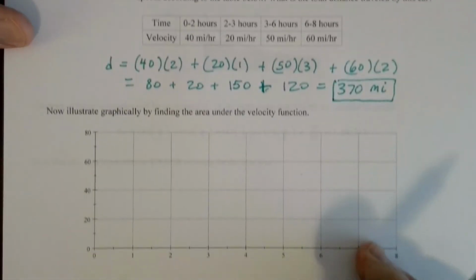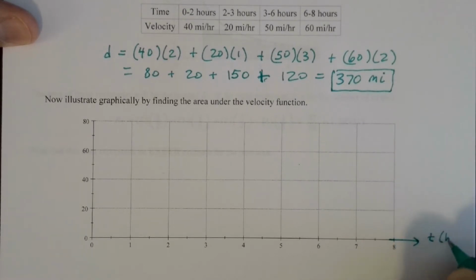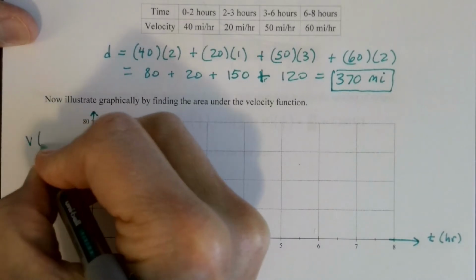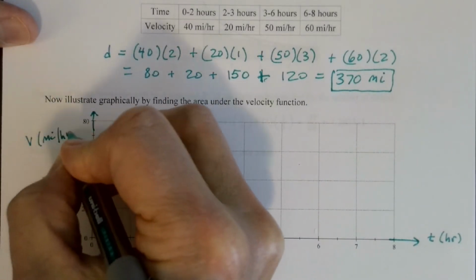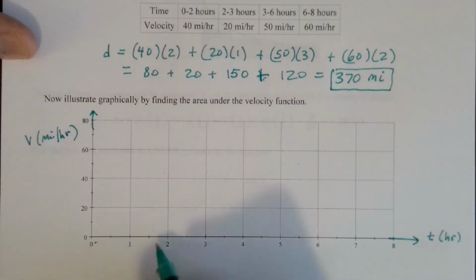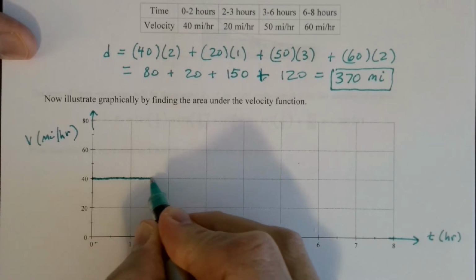But graphically, we can also think about this, right? For the first 2 hours, if this axis down here is the time in hours this time, and this axis here now again is our velocity, this time in miles per hour, then what do we have? From the first 0 to 2 hours, we're traveling 40 miles per hour, so it's a constant rate over that interval.